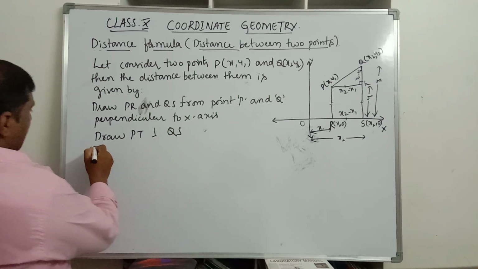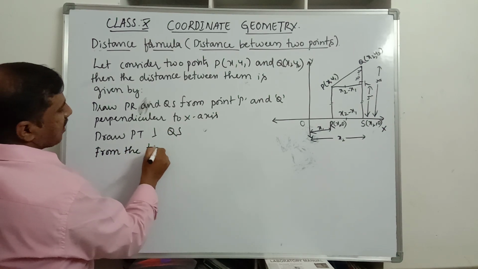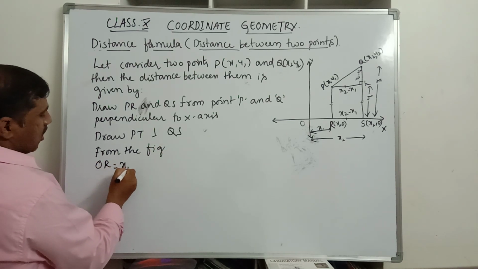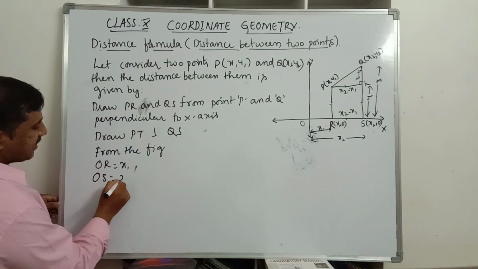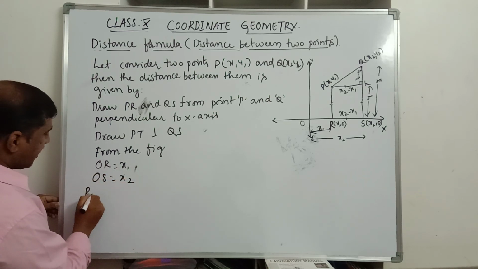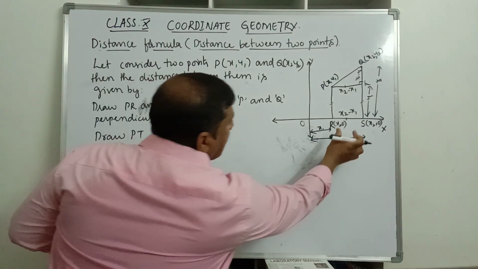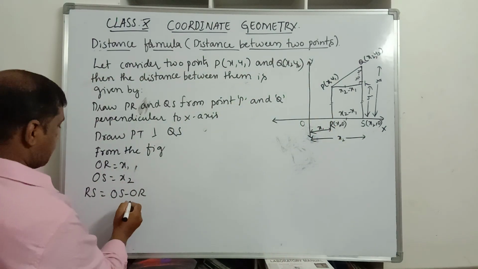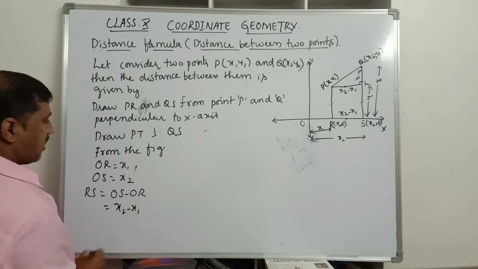Now from the figure, observe what we require. OR is equal to x1, and OS is equal to x2. RS is equal to OS minus OR. This length is the total length minus OR, that is x2 minus x1.